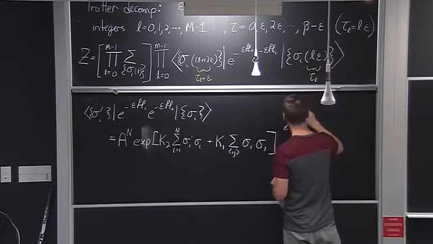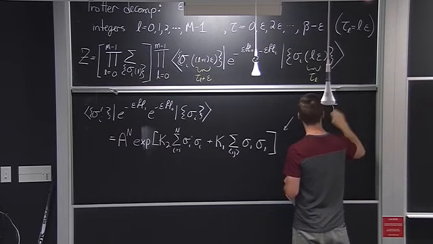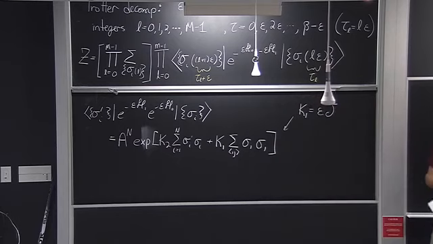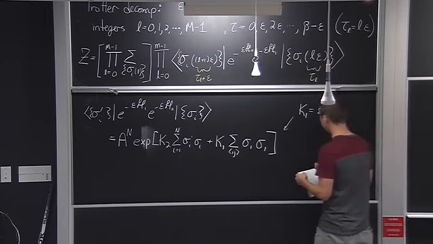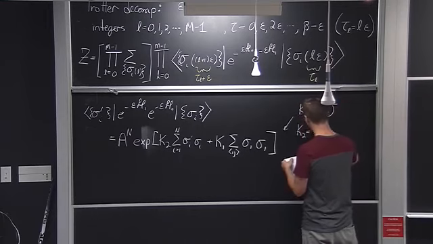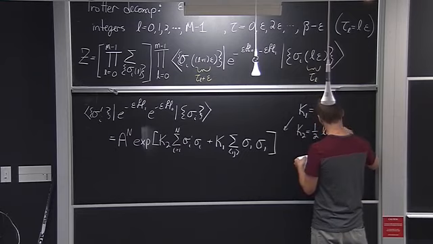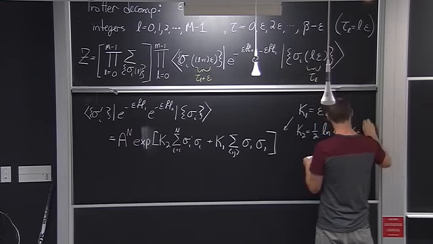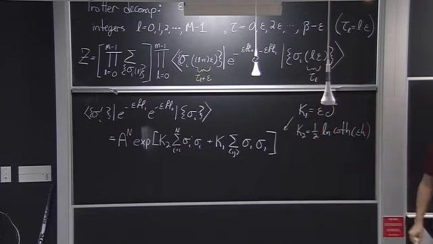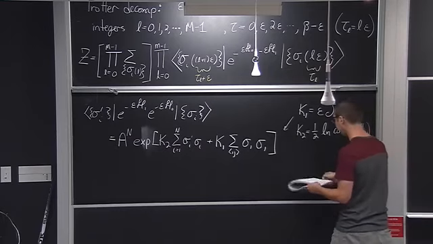Here, K1 is just epsilon times J, where J was the Ising coupling of the original Hamiltonian. And I solved for K2 last time. It's something that depends on the transverse field H. I probably solved for A too at some point.